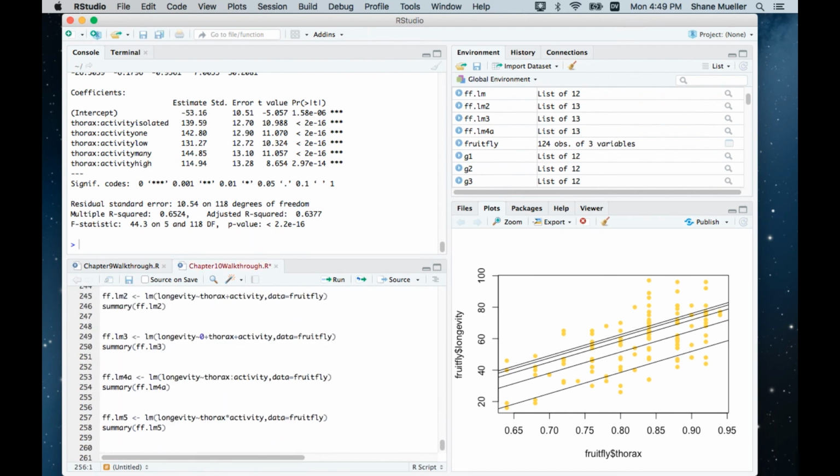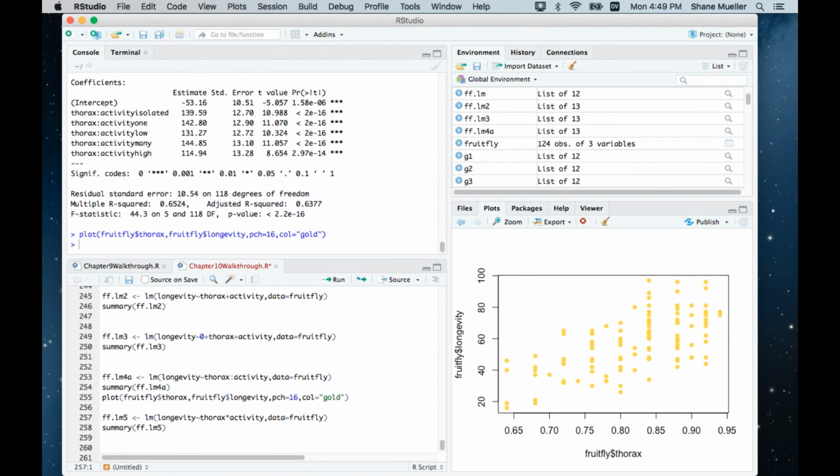I'll replot these. Plot, fruit, fly, Thor. Okay, so I'll replot this. And now we have different AB lines.